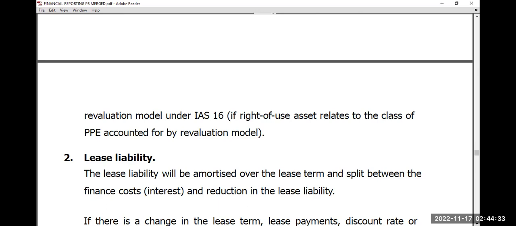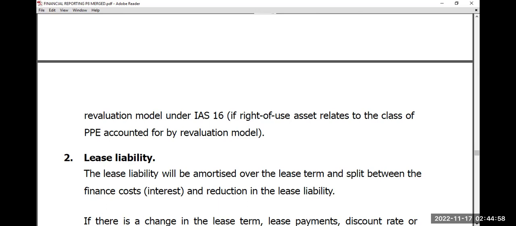And the third note is on how we subsequently account for the lease liability. Remember we said the lease liability is initially discounted and we get its present worth.